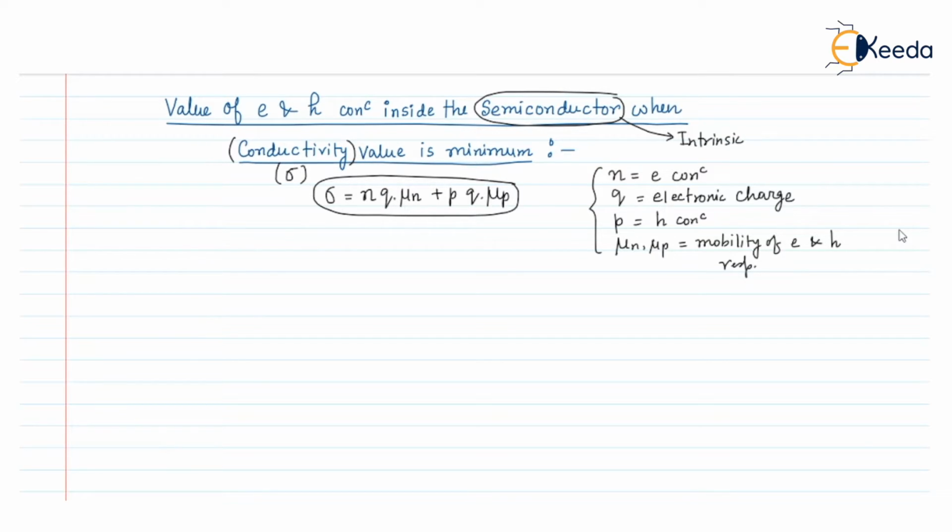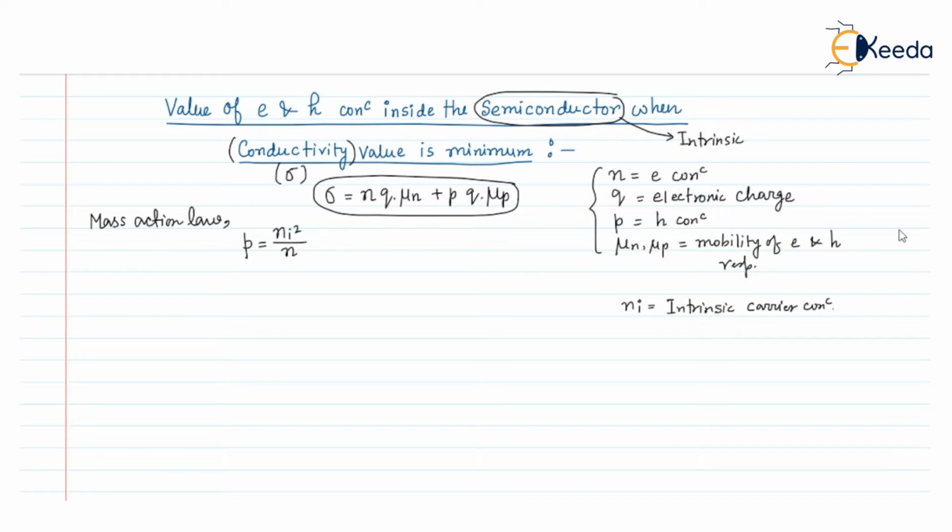So using the mass action law, we know that the hole concentration p can be written as ni square divided by n, where ni is the intrinsic carrier concentration of the semiconductor.